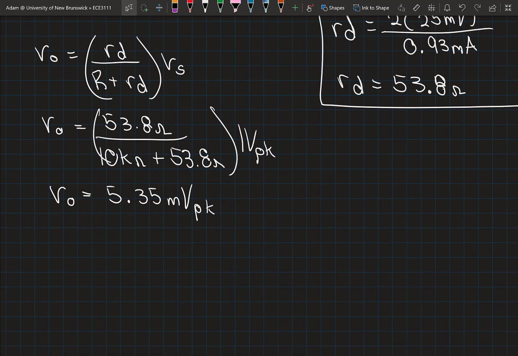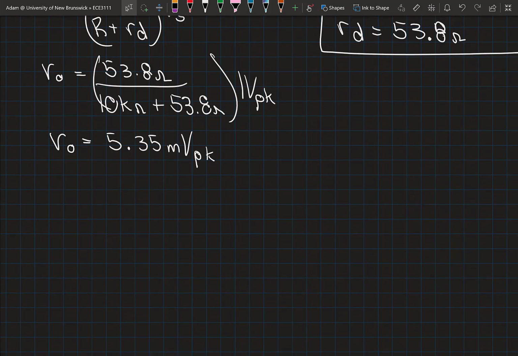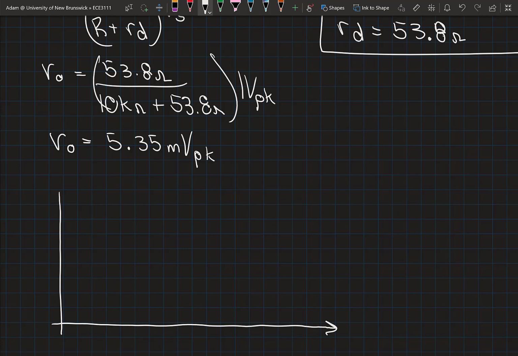Okay, so what if we plot what this looked like? I'm going to plot my output voltage, Vo. That's an uppercase O, although it's probably really difficult to tell here, where this is representing my mixed signal, which is my output voltage due to my DC bias plus my small signal component.